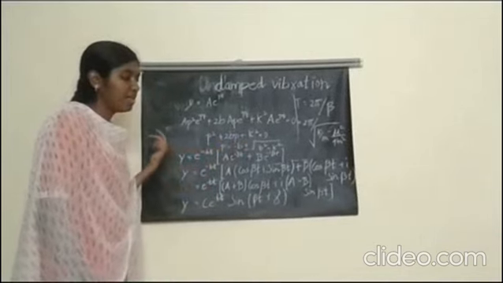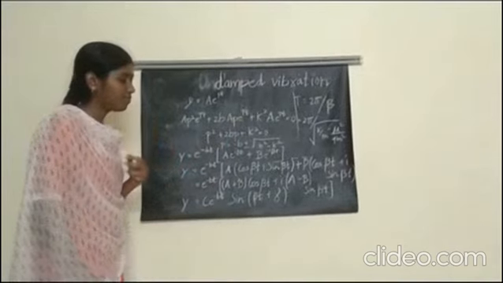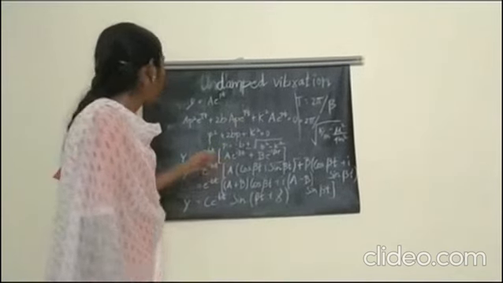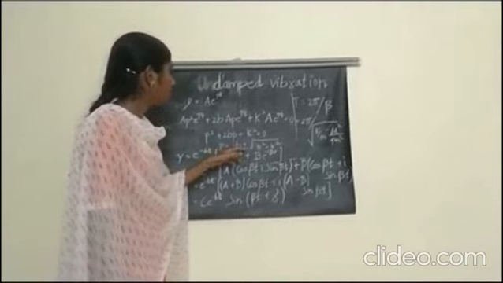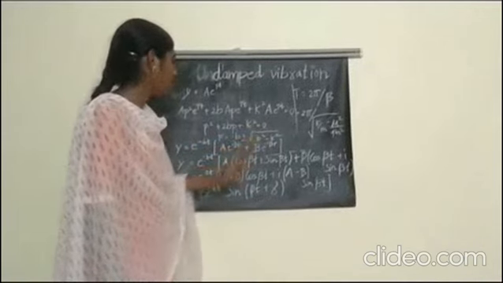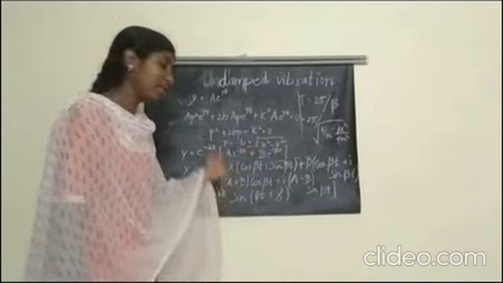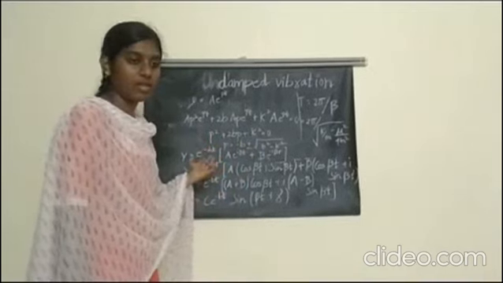By finding the roots using the formula, we get p equals minus b plus or minus root of b square minus k square, where k square is greater than b square, so the roots are imaginary.